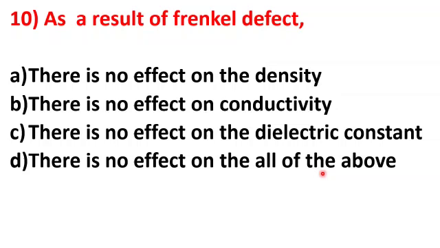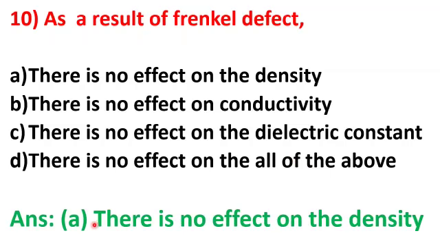So in the Frenkel defect, ions get displaced from their original position and move to interstitial site. So there is no change of density because they only move from their original position to another position, that is interstitial site. Hence the correct option is option A, there is no effect on the density.